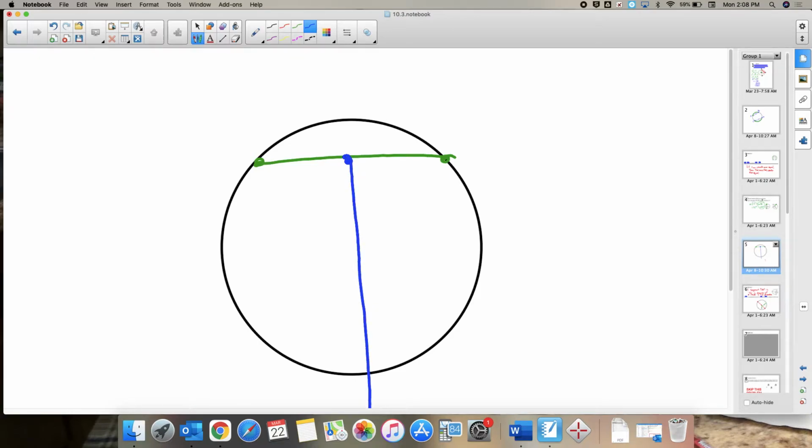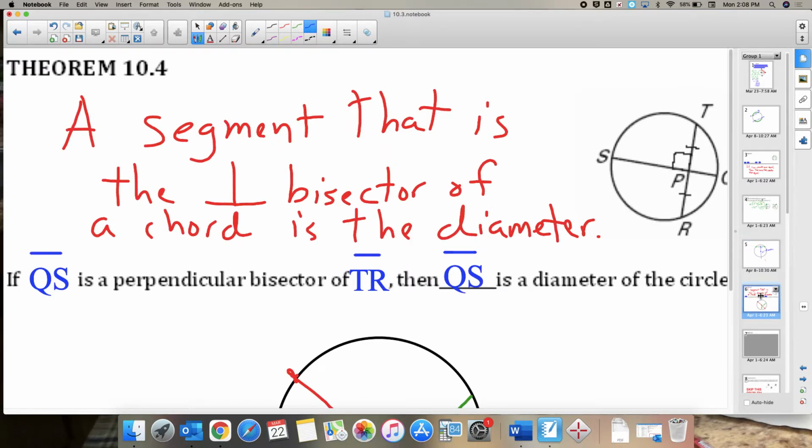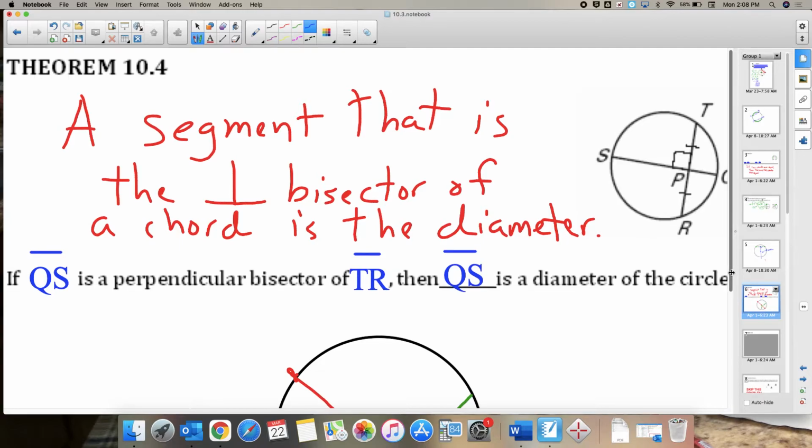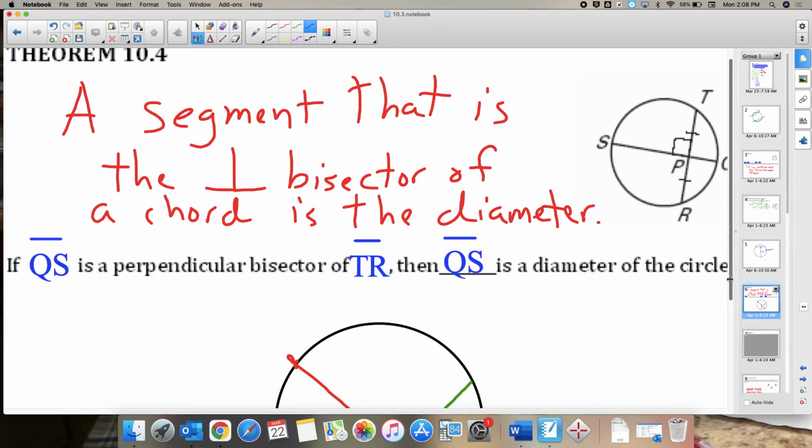The only thing that can ever bisect our chord and be perpendicular to it will have to be the diameter of your circle. So this would have to go through the center of your circle. This is a segment that is the perpendicular bisector of a chord will have to be the diameter of your circle.